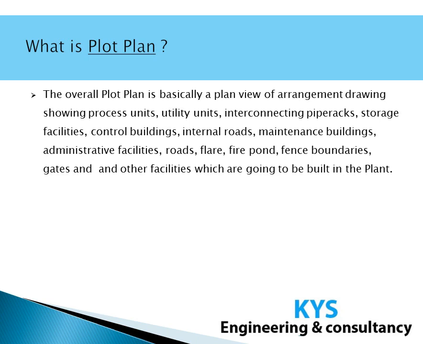If we categorize the plant layout of any plant, then we can have two kinds of layout. One is the plot plan and the other is the equipment layout. Both terms are sometimes used interchangeably, but there is a very basic difference between the two. The overall plot plan shows the arrangement of the block facilities, that is process units, utility units, tank farms, roads and all the others that we see in the definition of the plot plan.